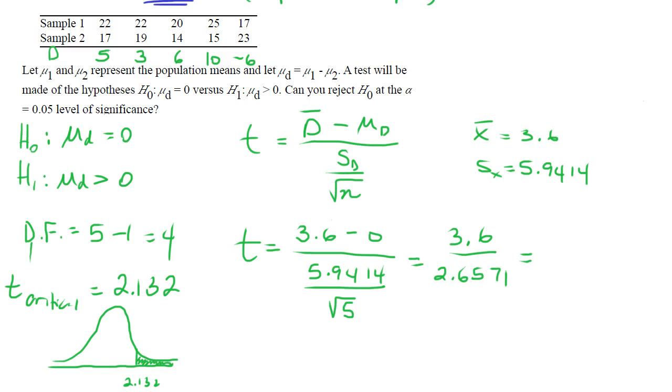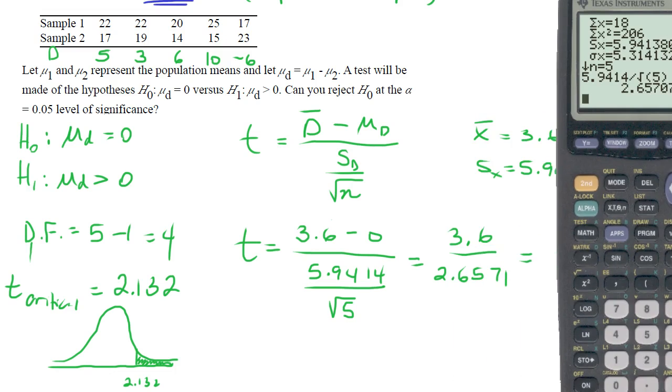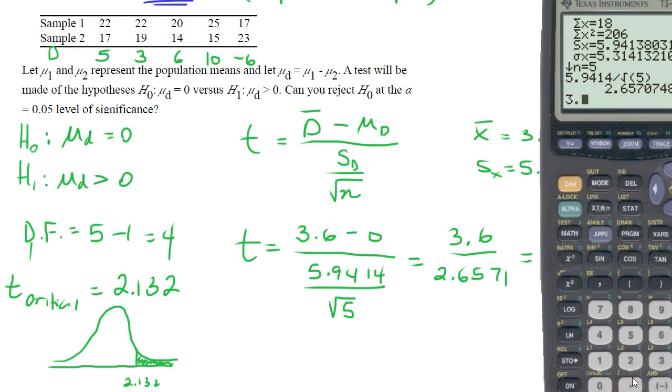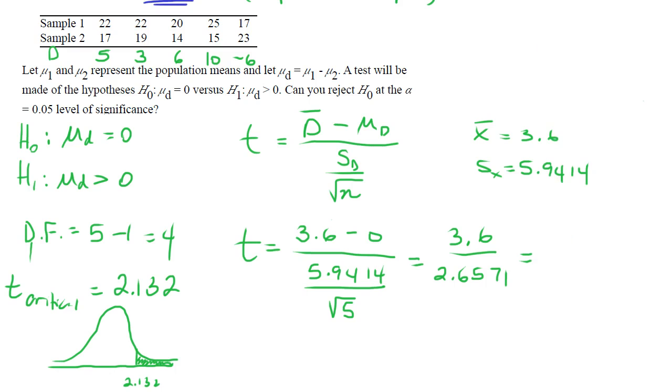So I'm dividing 3.6 divided by 2.6571, which is 1.35. Well, I'll just say 1.35. Why not? 1.35. That's my test statistic. T equals 1.35.